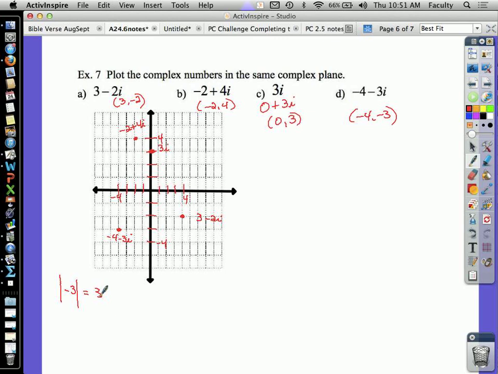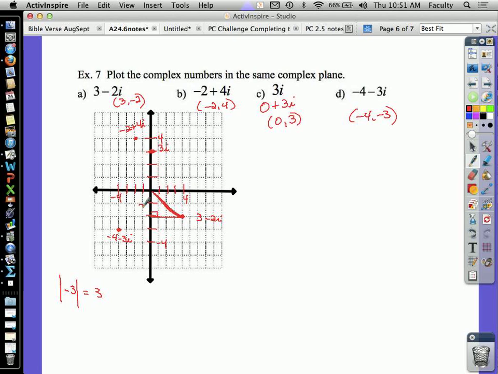Well, what's interesting is that you can actually do the absolute value of a complex number, and it's the distance from the origin to that number. Well, how are you going to compute it? And I would rather you geometrically figure it out, because I've seen this on the ACT.